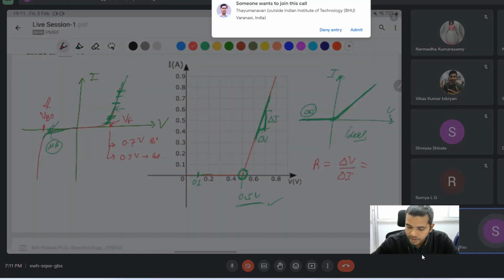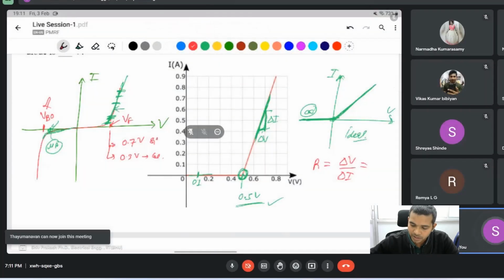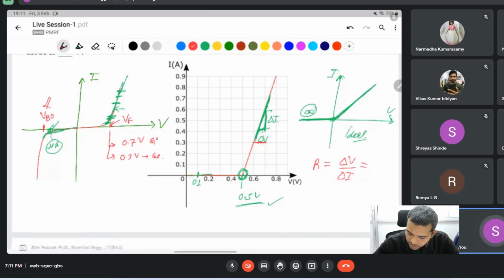If you take 0.1 volt and the corresponding current from this triangle, I think 0.3 ampere, then R is 0.33 ohm.